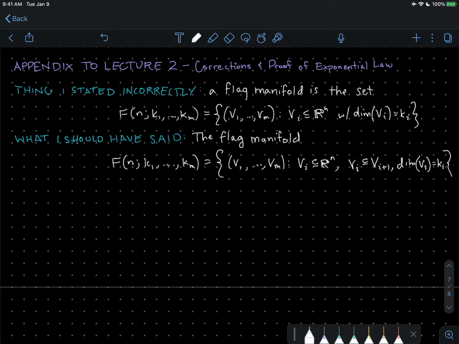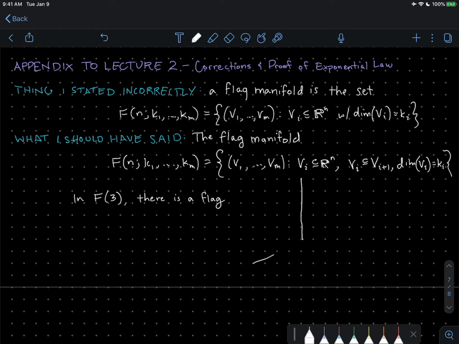So, for example, in F(3), and remember, F(3) means complete flags, where Ki is equal to i, and it goes all the way up to Kn-1. So in F(3), there is a flag.